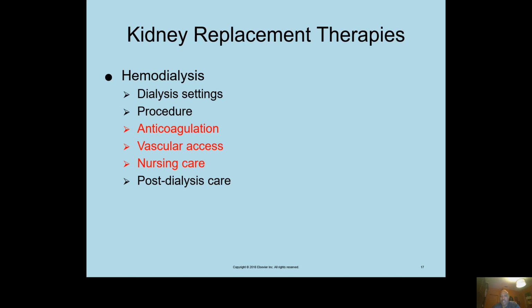Now, as far as precautions are concerned, we want to assess for circulation in the fistula or graft, and this should be done in the lower portion of the arm. So let's say someone has an AV fistula in the right forearm, right?